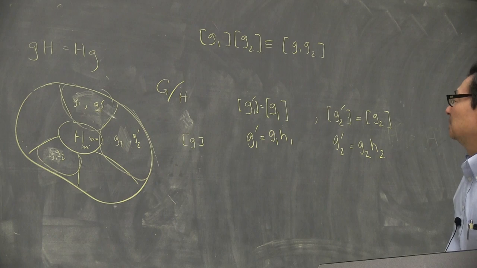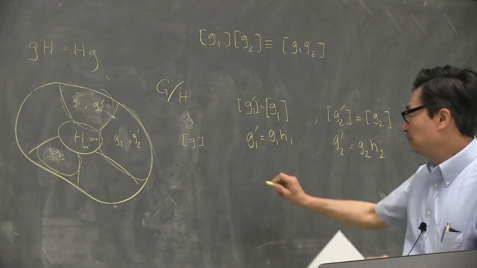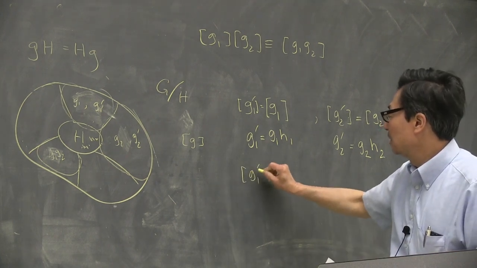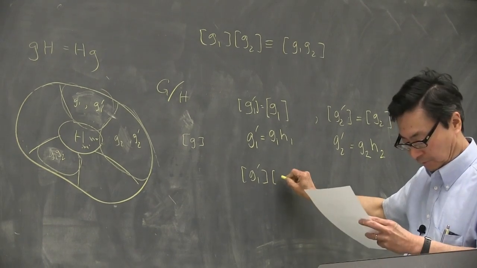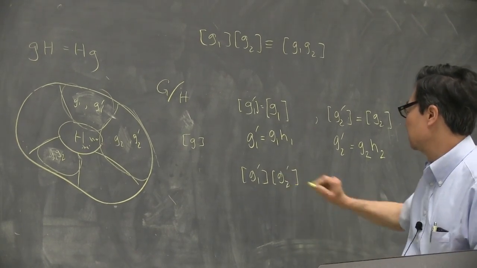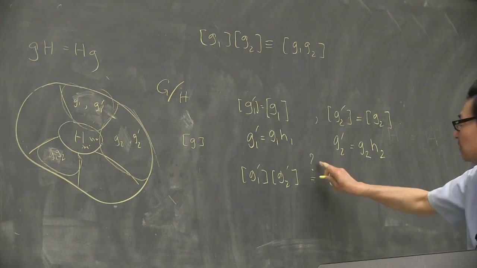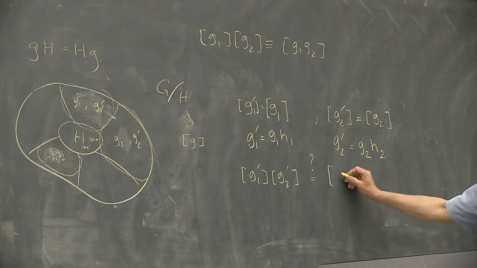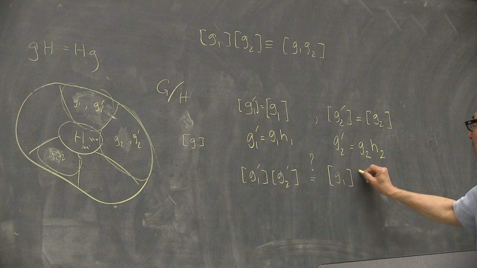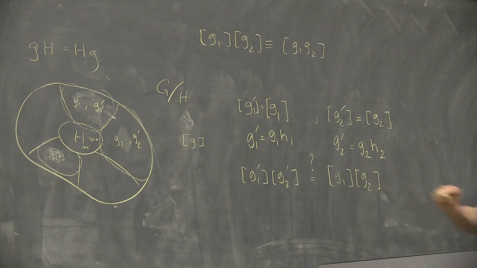In other words, what I would like to show you is that G1 prime times G2 prime, written in this manner, is in fact true, but for the time being, let me write a question mark. This is equal to G1 times G2. Do you see why we need to do that? That is to show that, again, the coset does not depend on the representative, so to speak.